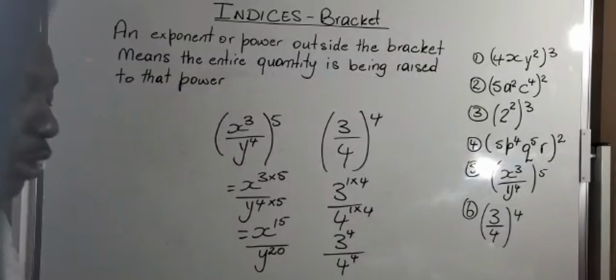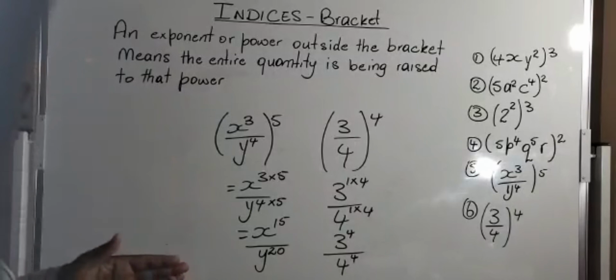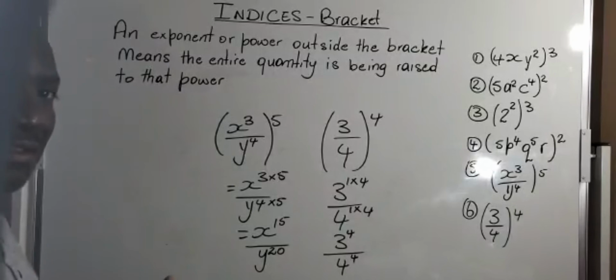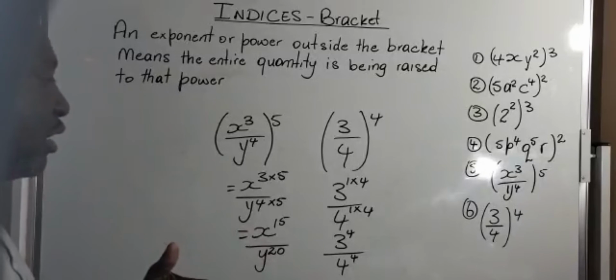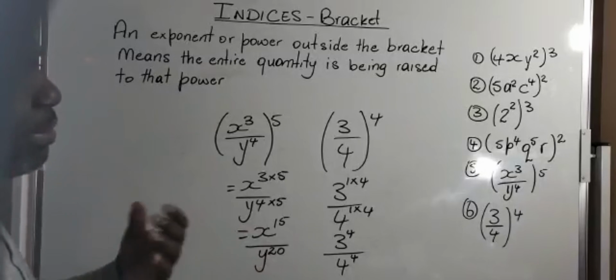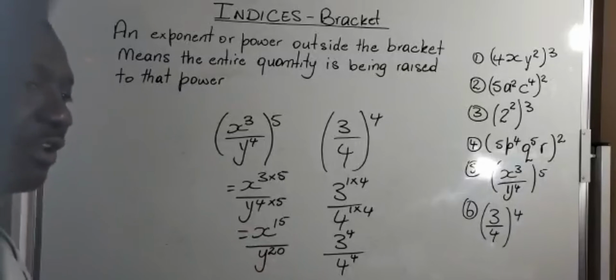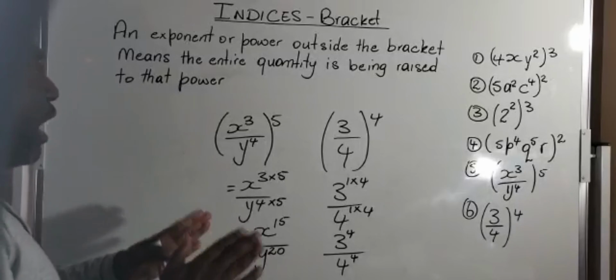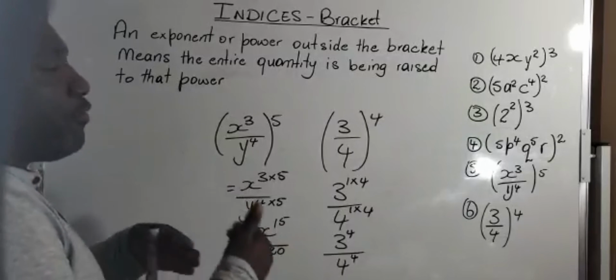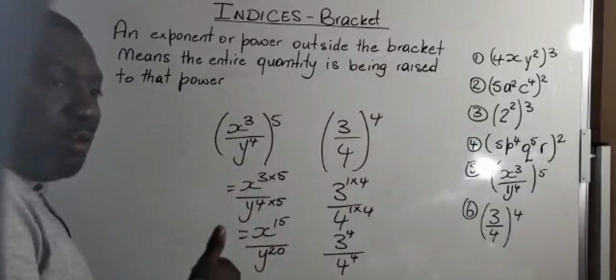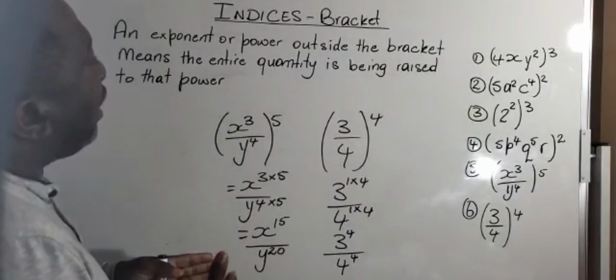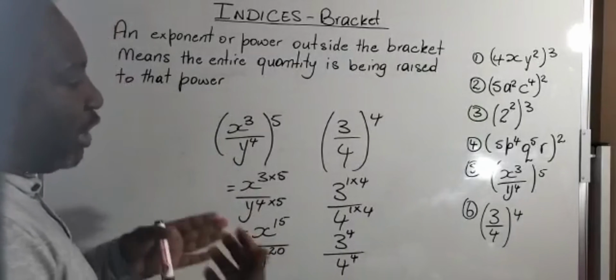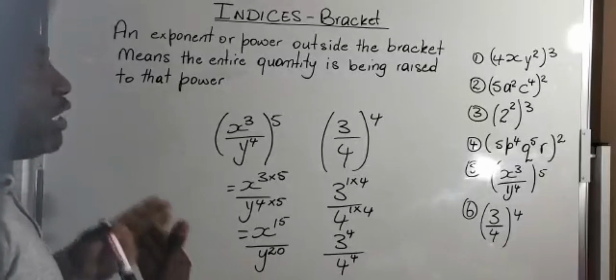My 4th video I will be working with negative indices. And it's important that you watch all the previous videos because the problem may become a little more complex, but at the end of it all, once we apply the principle that governs each law of indices, then we'll have less difficulty or less problem working with indices.